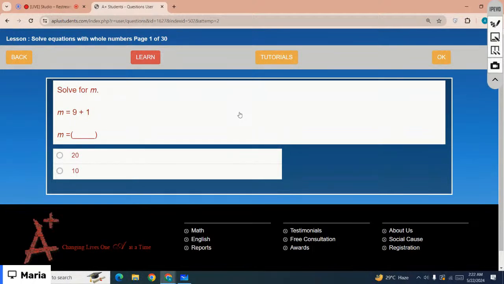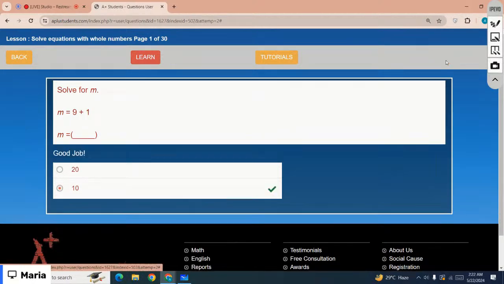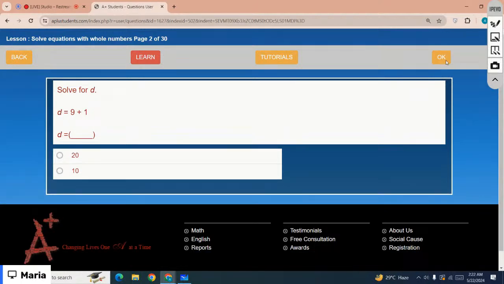The correct option is 9 plus 1 is 10. So that is 10. You simply have to evaluate the other side, right? You have the variable on one side, and on the other side you are given the expression you have to solve, right? Solve for d equals 9 plus 1. So which is the correct option?